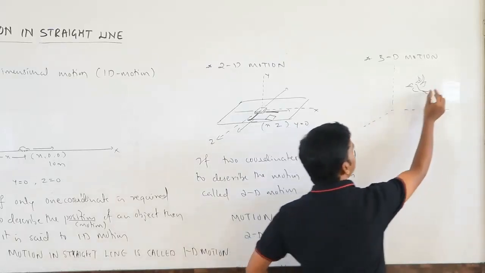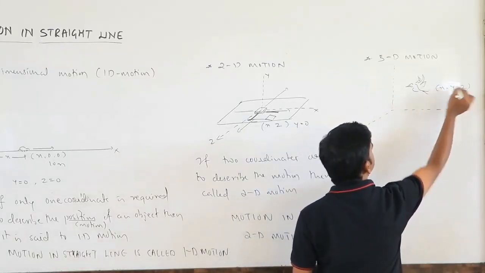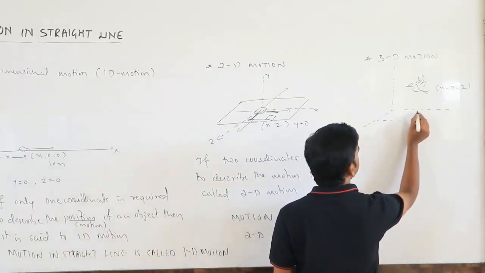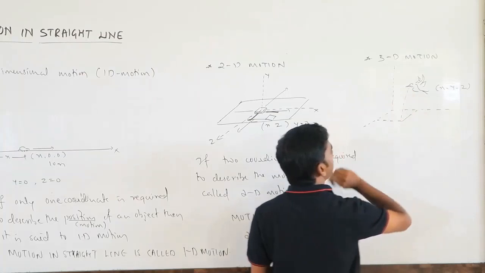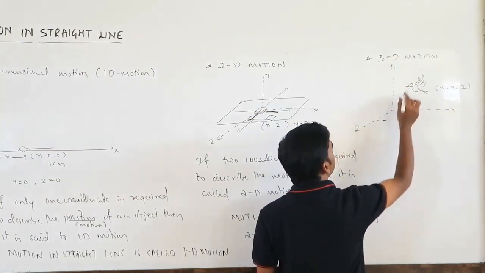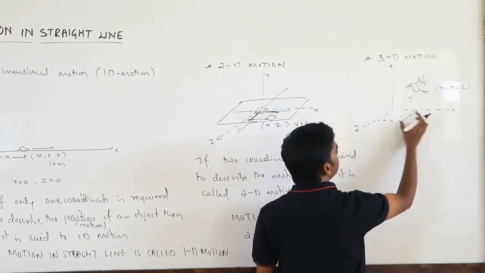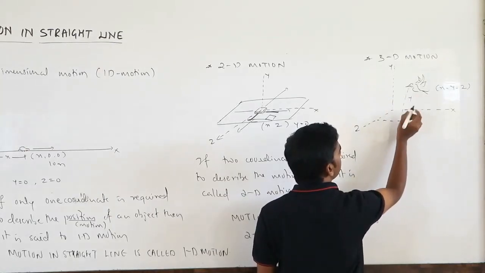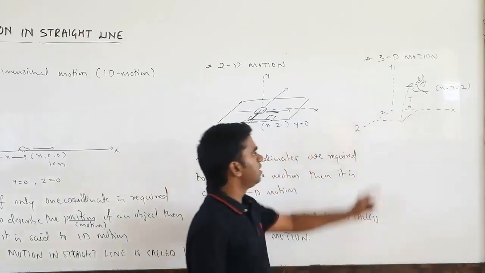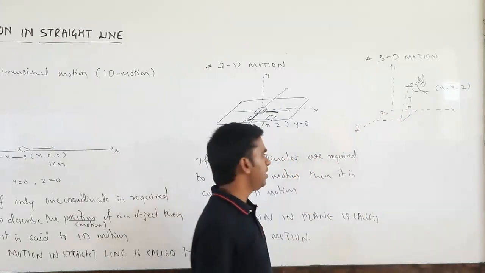So to tell the position, X, Y, Z, all three are required. Y tells how much height there is, X how far along the X axis, and some Z from here. So how many coordinates are required?